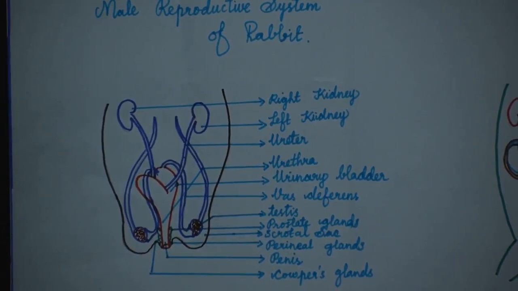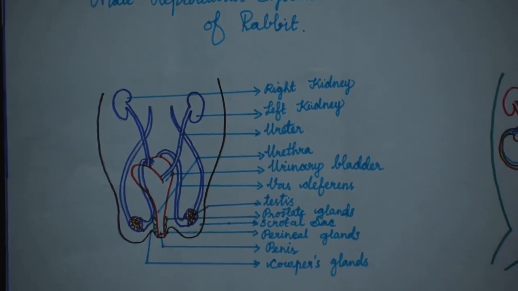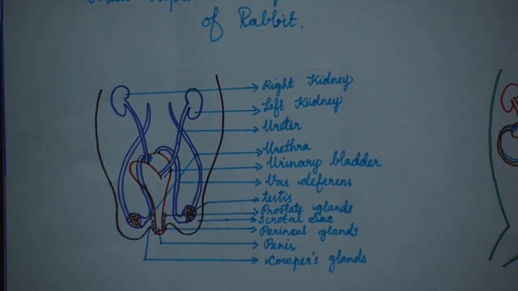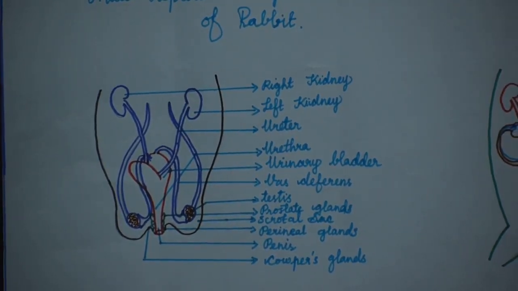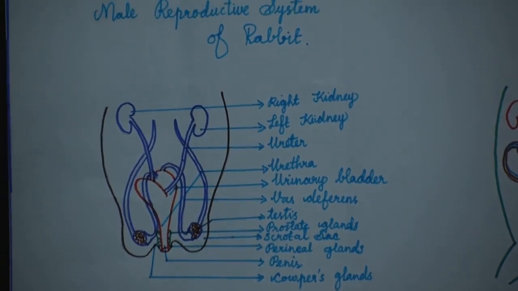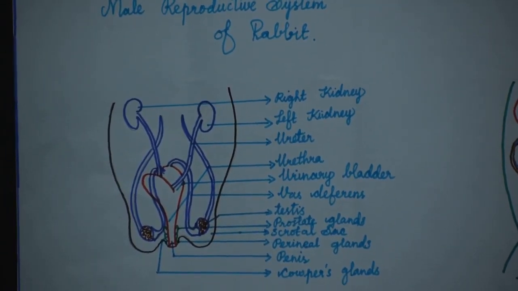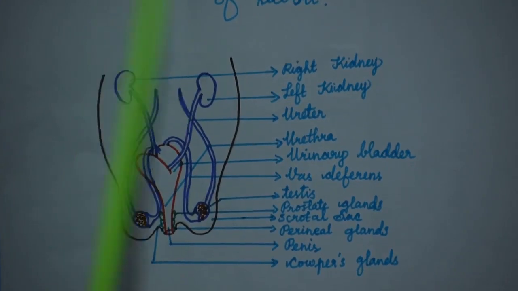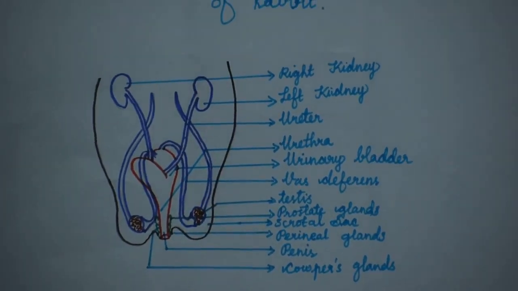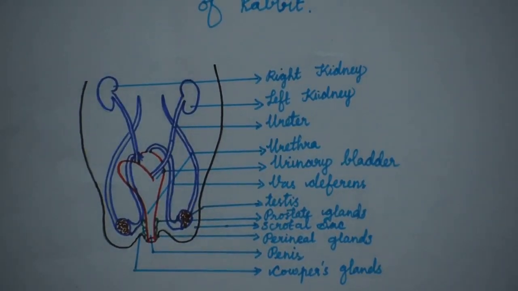In the reproductive system, male and female are in separate animals, but morphologically a little different. First we can see the male reproductive system of rabbit. The male reproductive system of rabbit consists of a pair of testes.